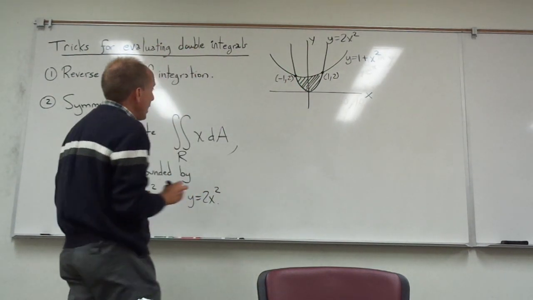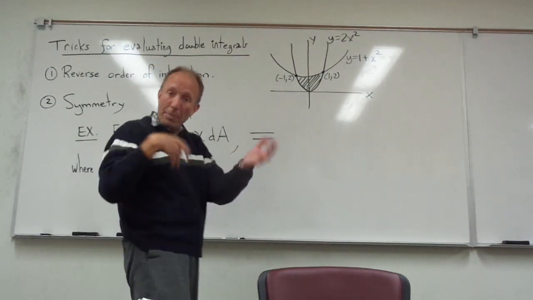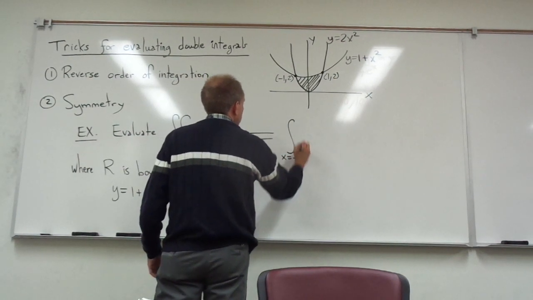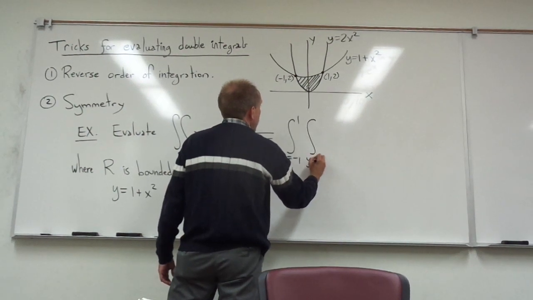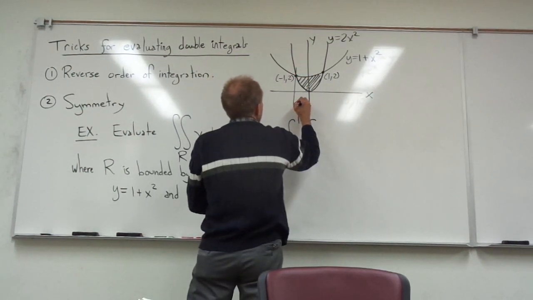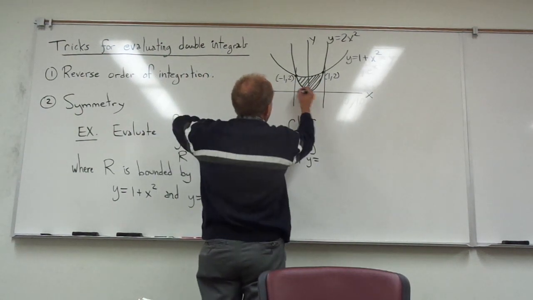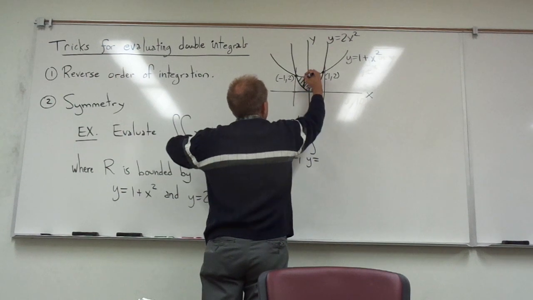So for example, I could evaluate this double integral by setting up my limits. I could integrate x from negative 1 to 1, and then I could integrate y. In other words, here's x equals negative 1, and here's x equals 1. And then for any such x between negative 1 and 1, I can look in the y direction.